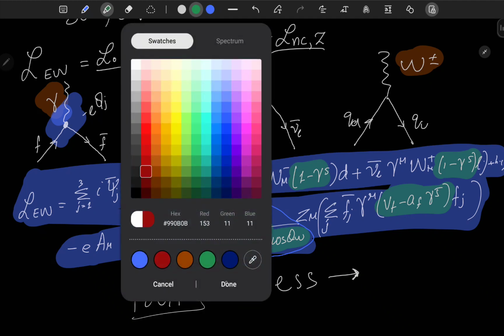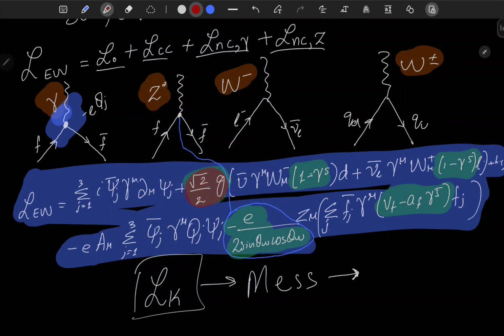I wanted to use a different color. This vertex right here, this one and this one, is proportional to this and this.